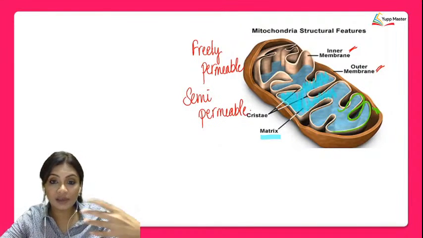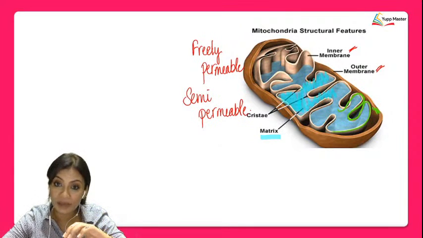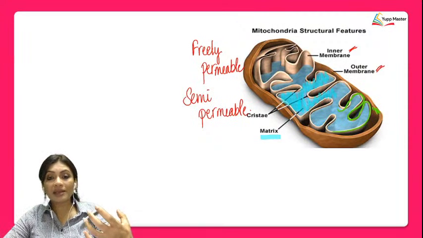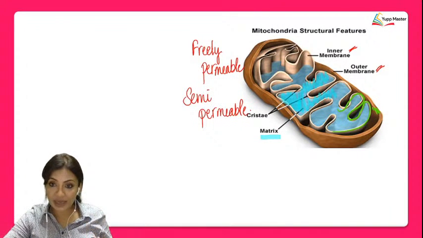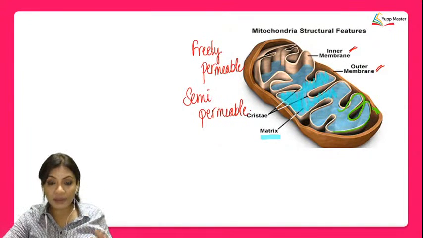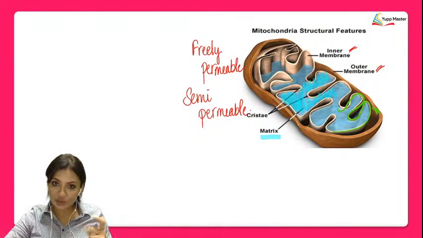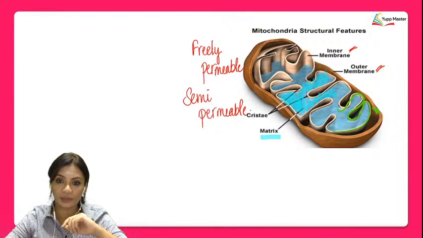Outer membrane is freely permeable, inner membrane is semi-permeable. So what do we see as a result of this? The outer membrane may allow substances to come inside, but the inner membrane does not allow everything to pass inside. So there's always a proper balance maintained by these membranes, especially by the inner membrane.